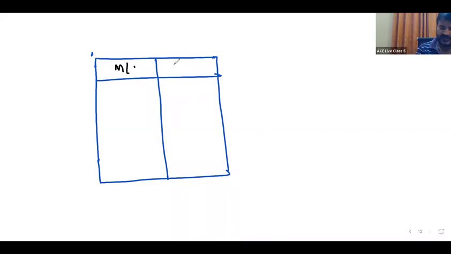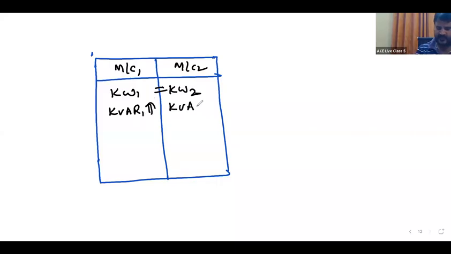For machine 1 and machine 2, kW1 is equal to kW2, no change in its active power sharing. But kVR of the first machine, kVR1, is increased, kVR2 is reduced. What happened? kVA1 increased, kVA2 will decrease.